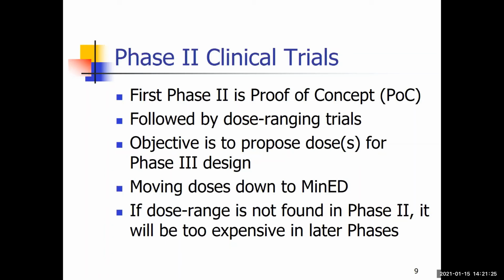Right? So suppose your true MTD is 100 milligram, but the phase 1 says it's 200 milligram. So you get into phase 2, you want to design a POC, use 200 milligram against placebo. What will happen?